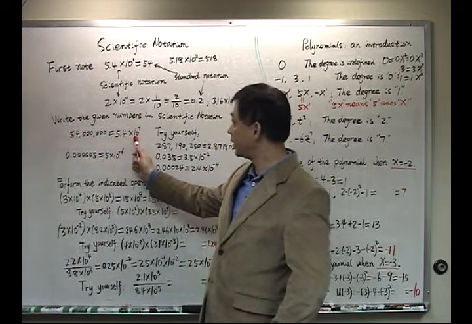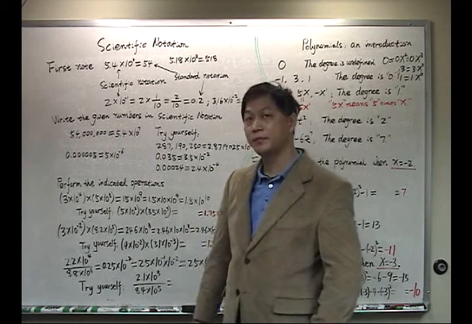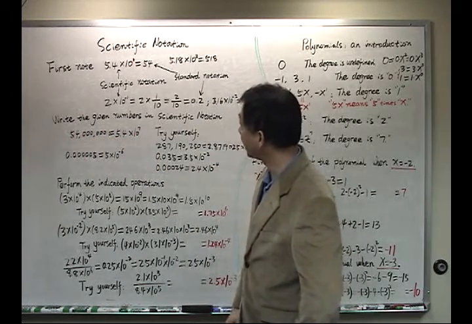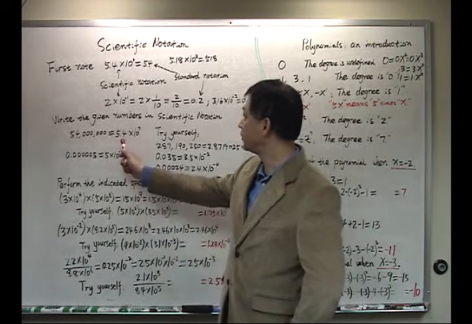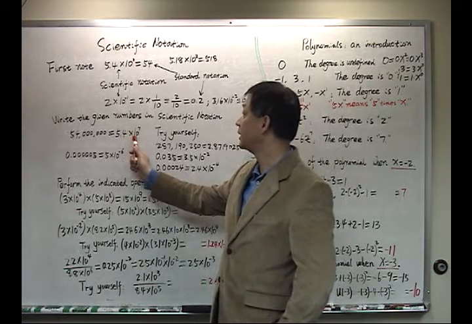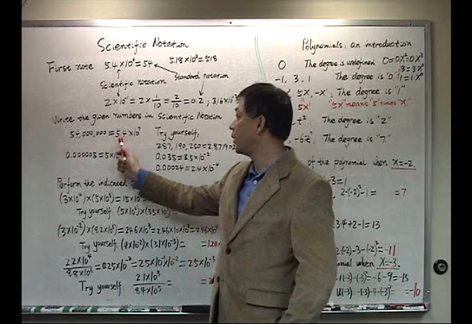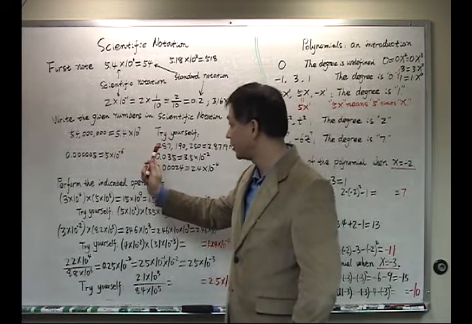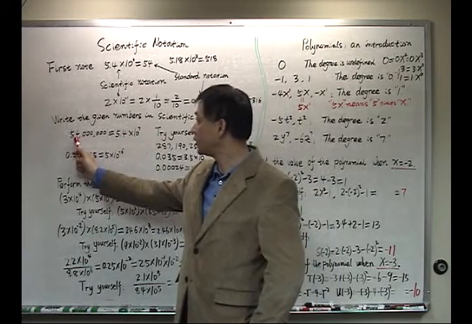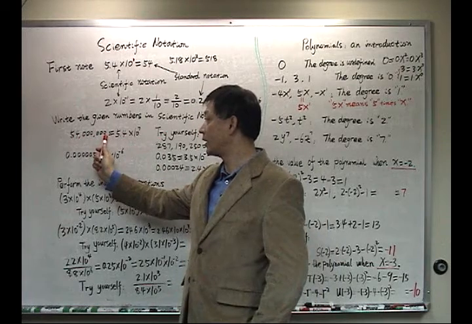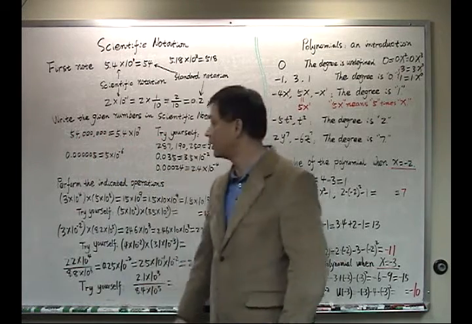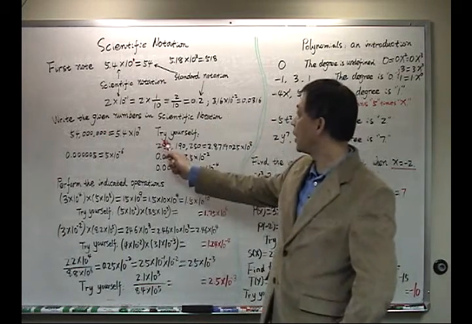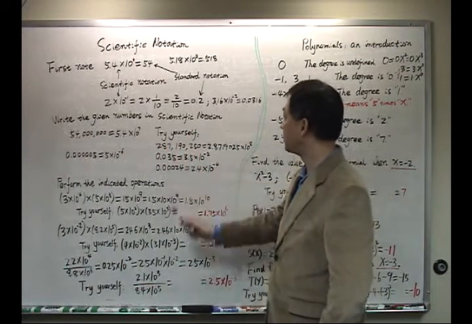Then here you have a 10 to the 7th. Just now we have seen that if 5.4 times 10 to the 7th, you want to move this point 7 digits to the right. From here, 7 digits to the right is exactly right here. So try yourself with this one.